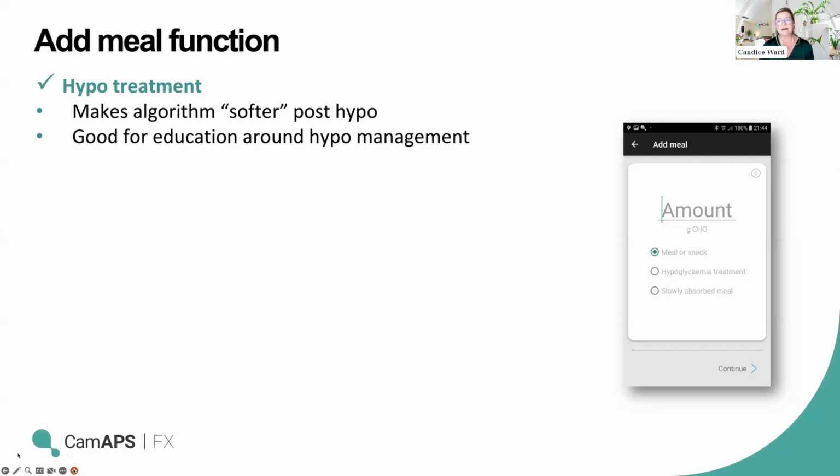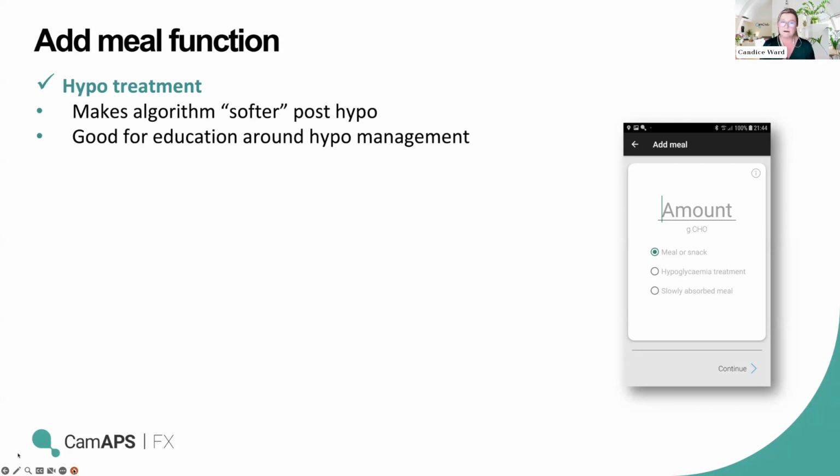The first one is hypo treatment. So they're announcing that hypo treatment, which automatically softens the algorithm for the next little while to help reduce the risk of rebound hypos. It's great for education because then you know how much carbohydrate is being put in. Let's see, if you put in 20 grams of carbs, can we see we're rebounding too high? Maybe we need to tweak that.